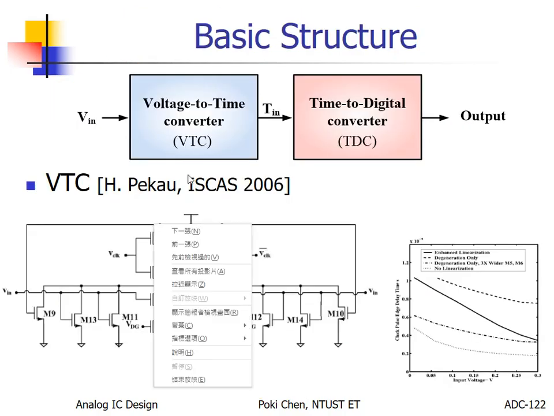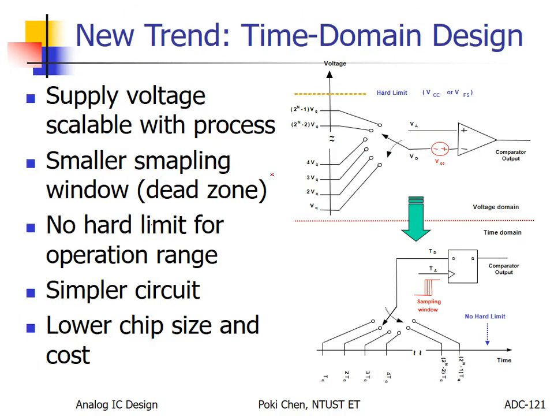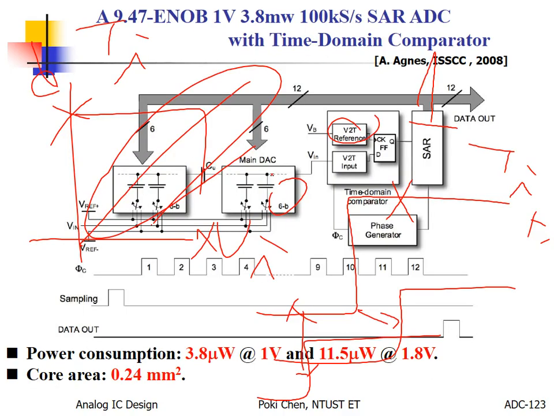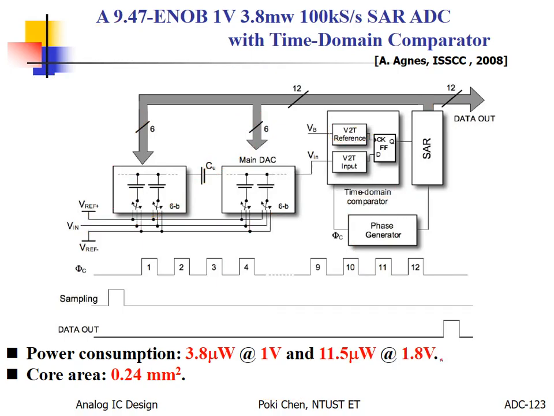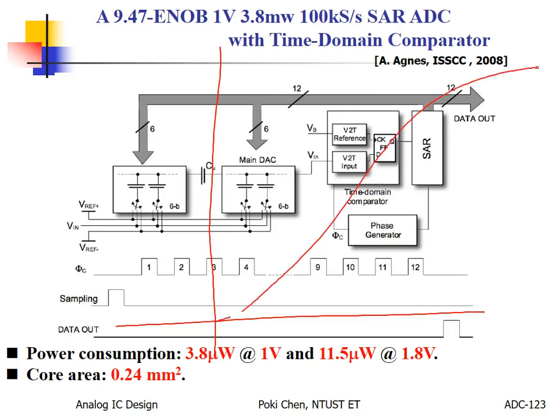Why? Oh, that is the last help I can do for you, because time is much limited. From input voltage to output time, if it is not linear, what's the consequence? No consequence, in theory. Why?